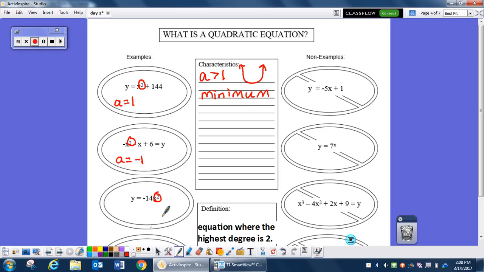If a is less than 1, your parabola opens down. Oops, I should put a little less than 1. So if a is less than 1, your parabola opens down and you have a maximum. Okay? So this is just to get you to see the difference between a quadratic, which forms a parabola, and then non-examples, which can either form a line or cubics.